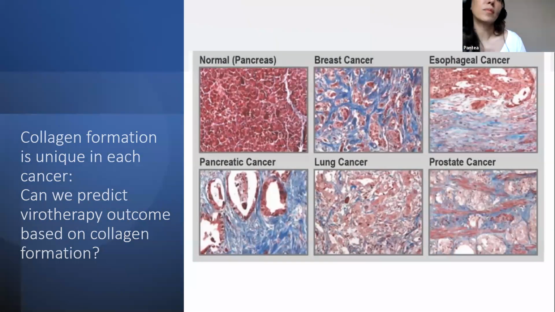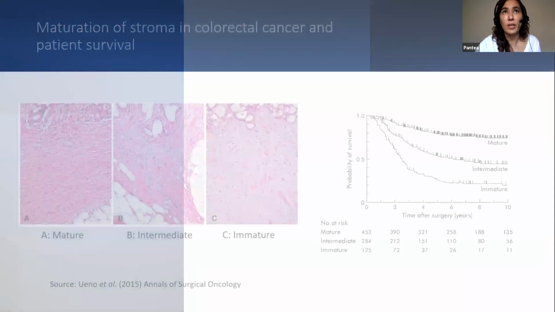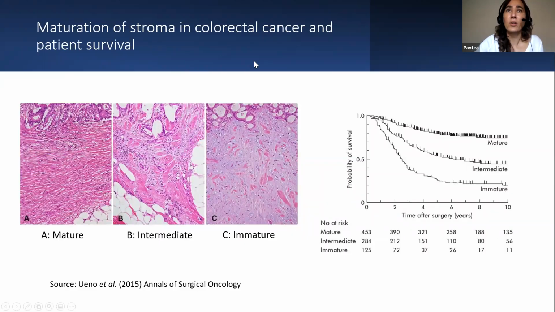I found some data on the maturation of stroma, or maturation of collagen, in colorectal cancer and patient survival. What they've done here is they've noticed that depending on the maturation level of the stroma in patients, they can predict patient survival. So A in this case, even though it's counterintuitive, is the best type of collagen formation you can have, which they've called mature.